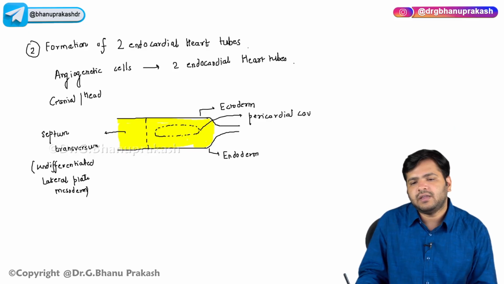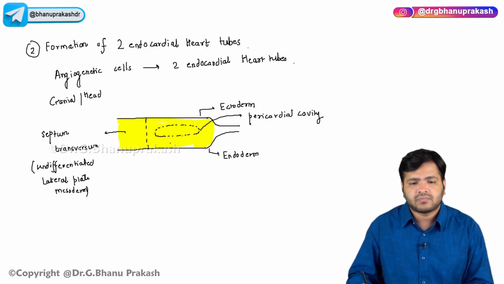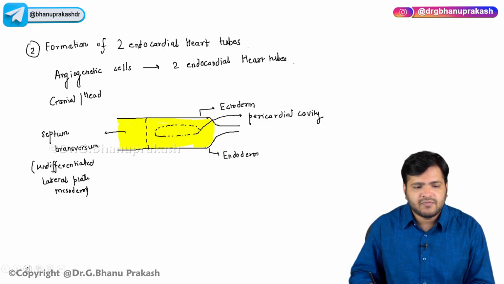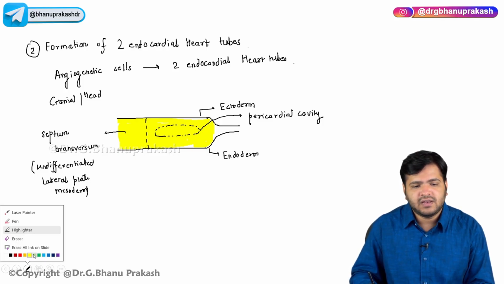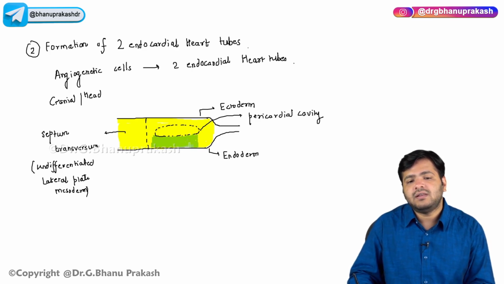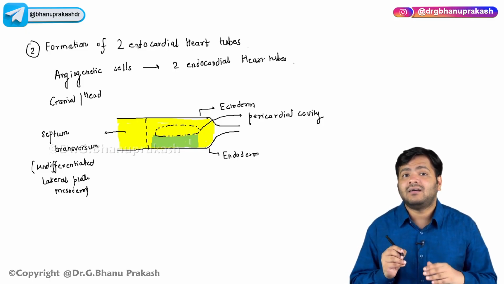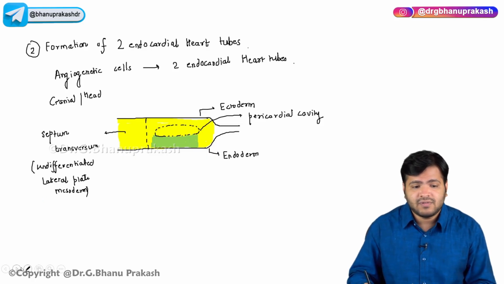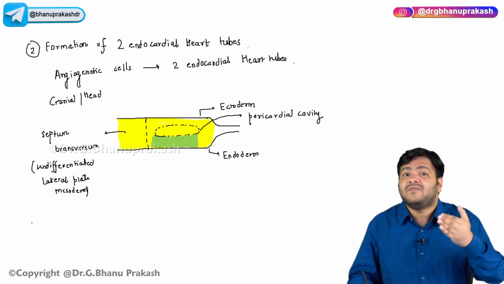Now this area which is in between the pericardial cavity and the endoderm, so this mesoderm, if I am talking about it, will be called the splanchnopleuric lateral plate mesoderm. Why splanchnopleuric? Splanchno means visceral, visceral means towards the endoderm, which is on the inner side.